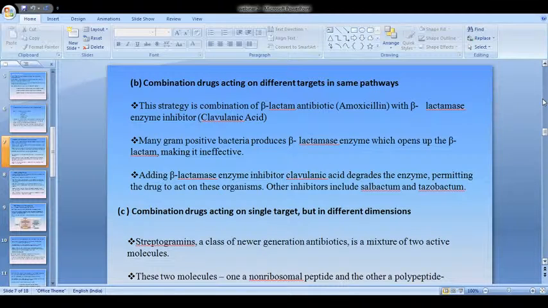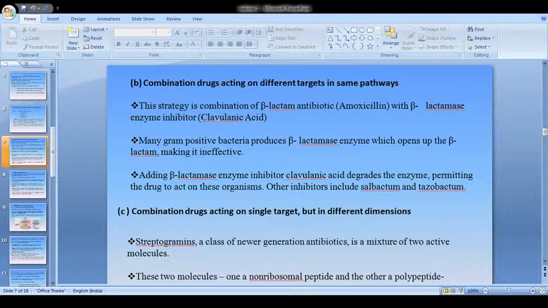Adding the beta-lactamase inhibitor clavulanic acid degrades the enzyme, permitting the drug to act on these organisms. Other inhibitors are sulbactam and tazobactam. So this is a combination of drugs acting on different targets in the same pathway.